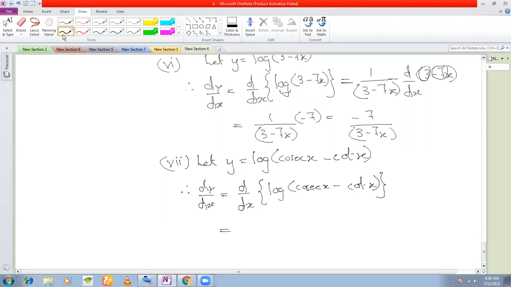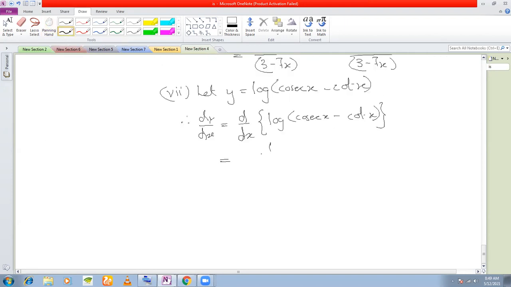So how will you differentiate here? First, we differentiate the log, right? To get 1 by cosec x minus cot x. And then we differentiate what is inside the log, d/dx of cosec x minus cot x.